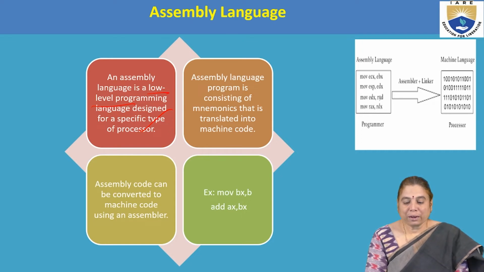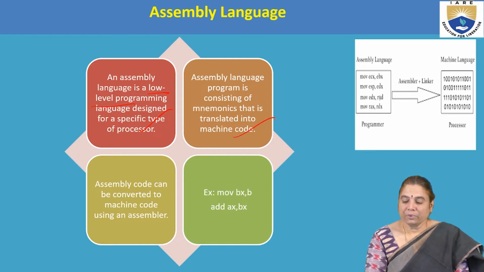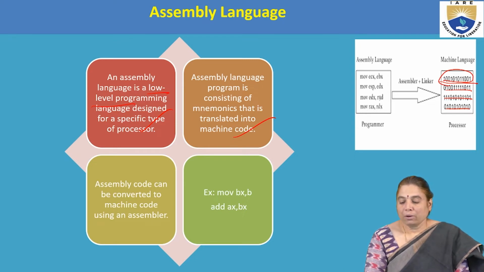Assembly language programming consists of mnemonics that are translated into machine codes. If you observe here, the machine code is generally framed with the binary information in the form of zeros and ones. But the readability can be very low in the case of machine language.